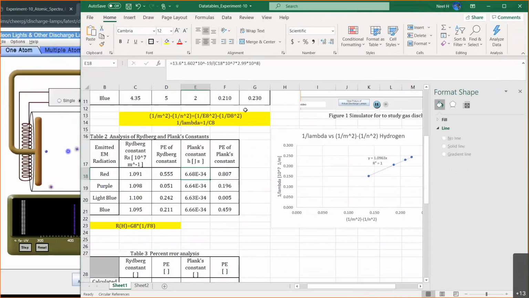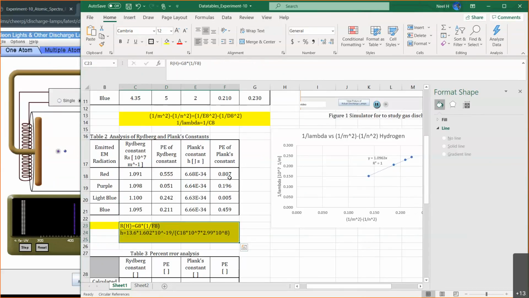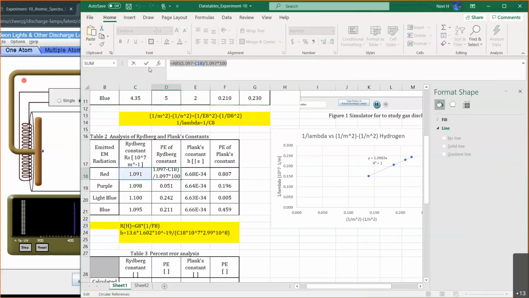You can see it works nicely when we do the Planck constant. Planck constant function, let me copy paste that too. It's going to be H, function for Planck constant. And also this is for the error for the Planck constant. We have done the error for both the Rydberg constant and the Planck constant. Let me copy paste those two also.